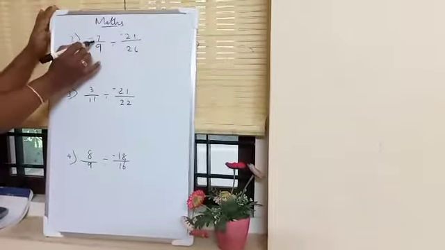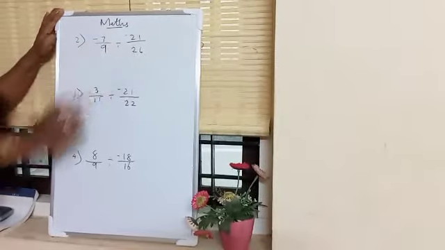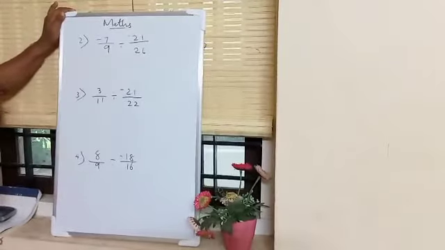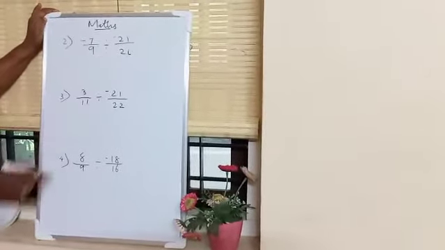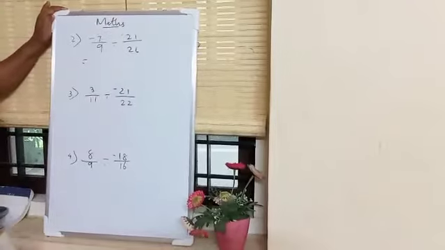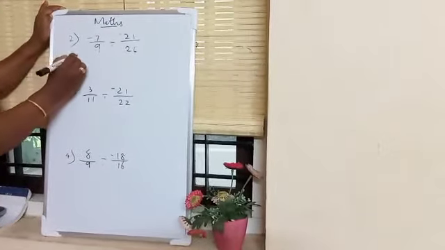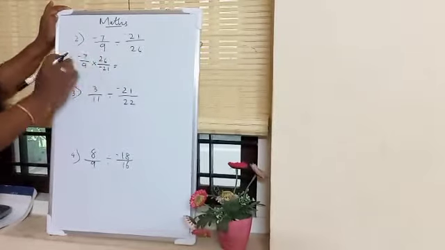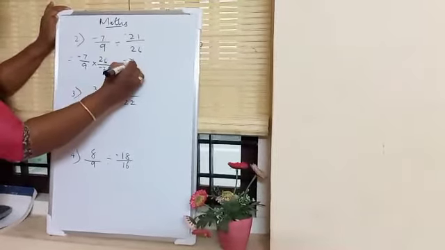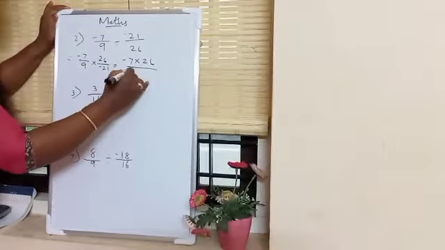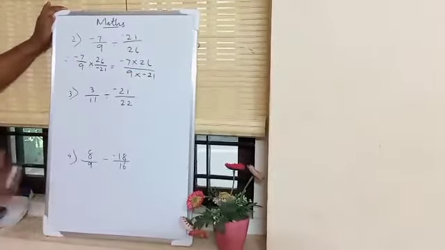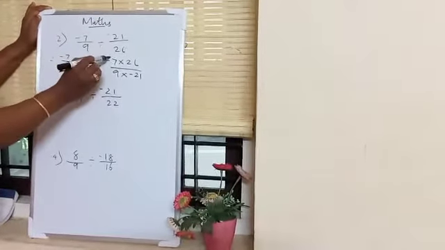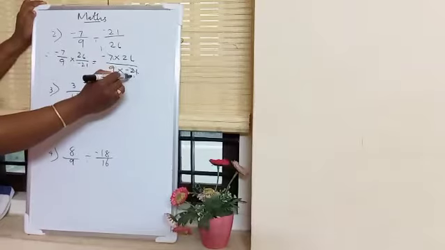Next question. Negative 7 by 9 divided by minus 21 by 26. We find the reciprocal of minus 21 by 26. What is the reciprocal? Yes, 26 by 21. Then minus 7 by 9 into 26 by minus 21. Then we multiply the numerators and denominators. Here we can simplify: 1 7 is 7, 3 7s are 21.